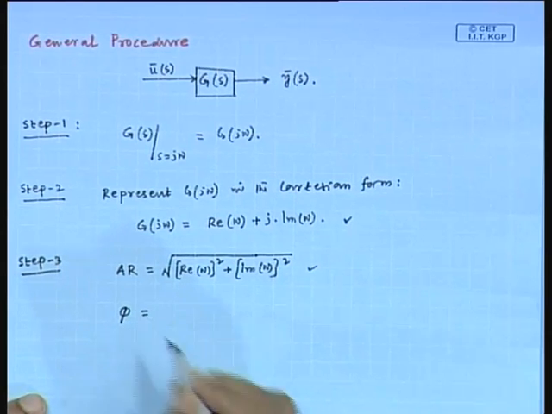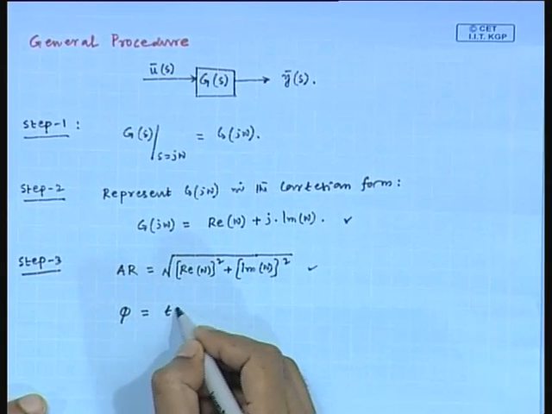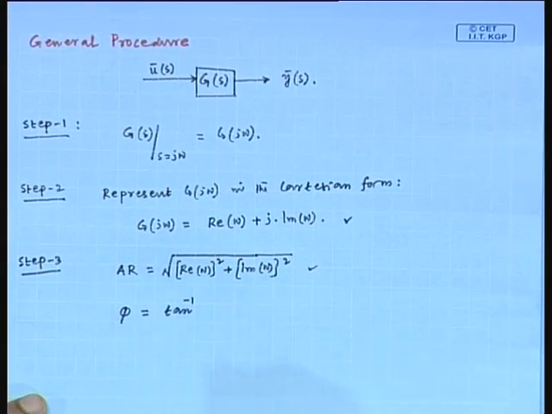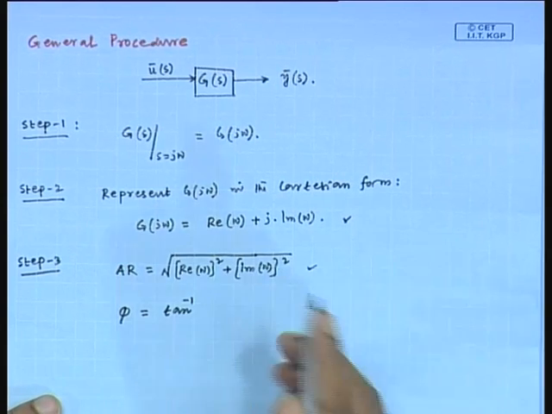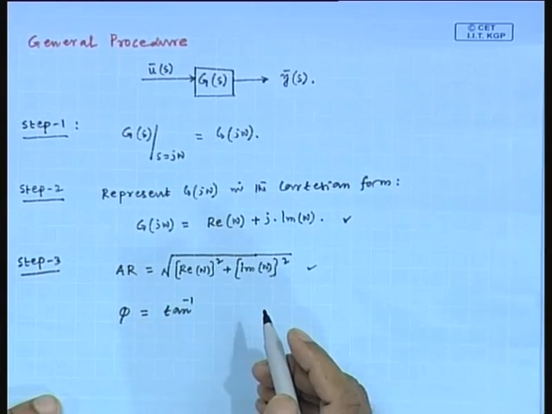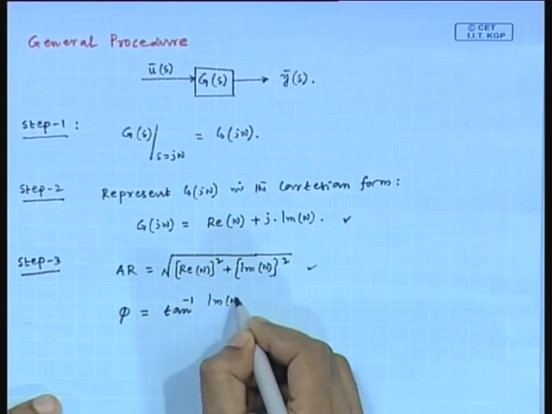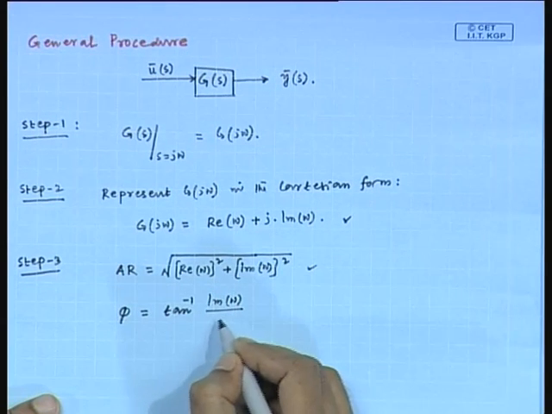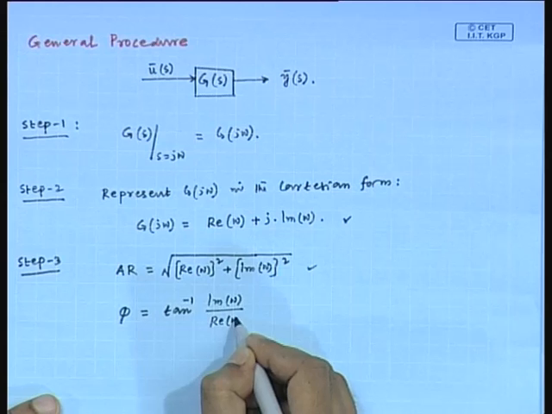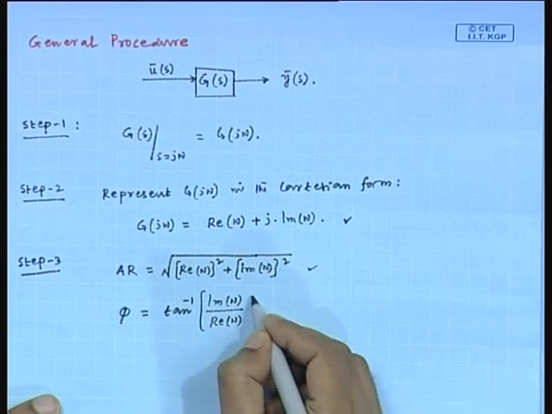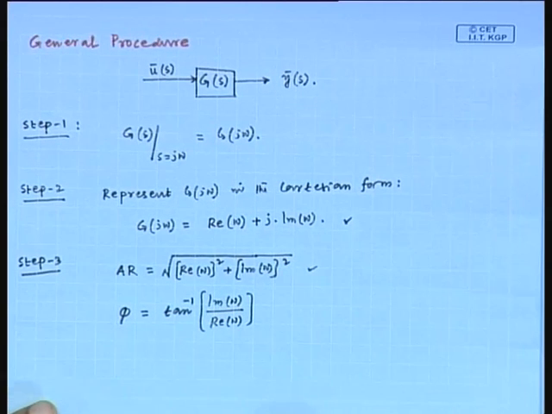Similarly, the phase angle we can determine from this, where phi equals tan inverse imaginary part divided by real part. Fine.